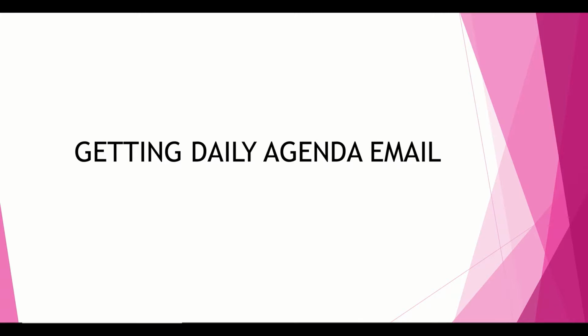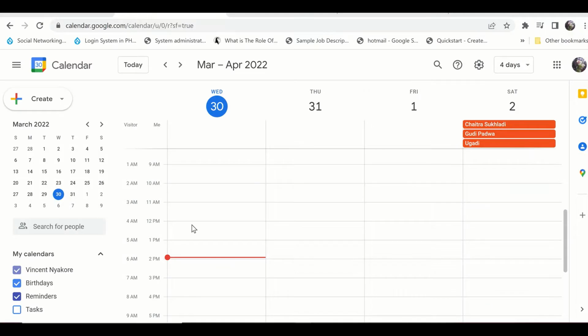To set up that functionality, we hover around the calendars and click on the ellipses.